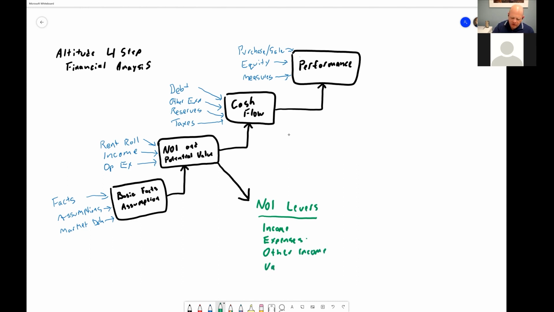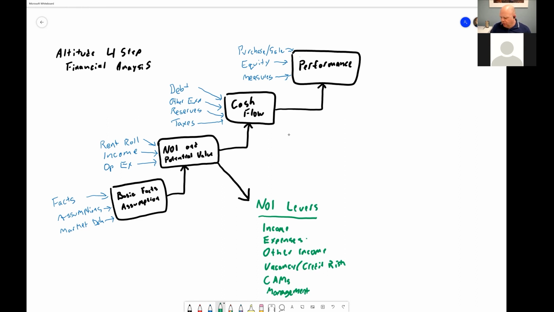There is your vacancy, as I said, your credit risk. We've got your pass-throughs, got management. And certainly, if you are doing management yourself, how much you charge for the management is certainly a lever that you could change the entire NOI with, which flows all the way down to basically the return that your investors would be getting.